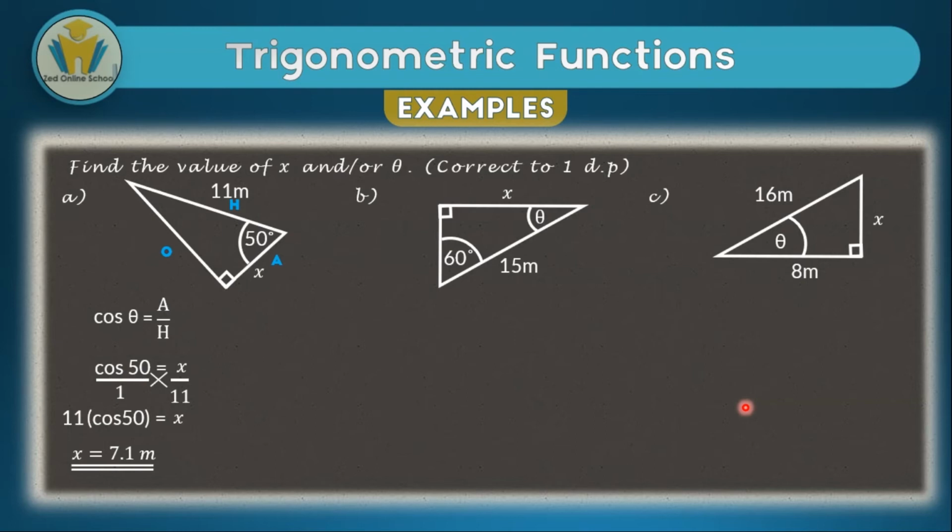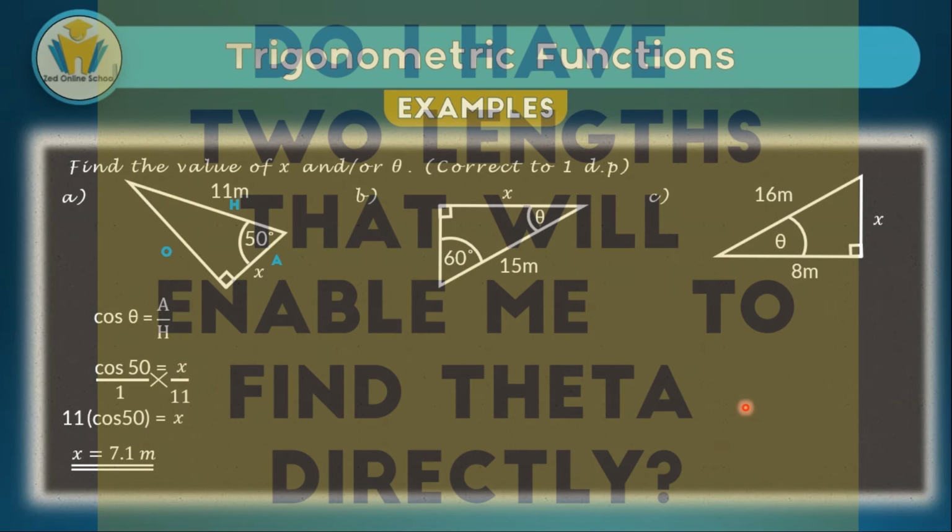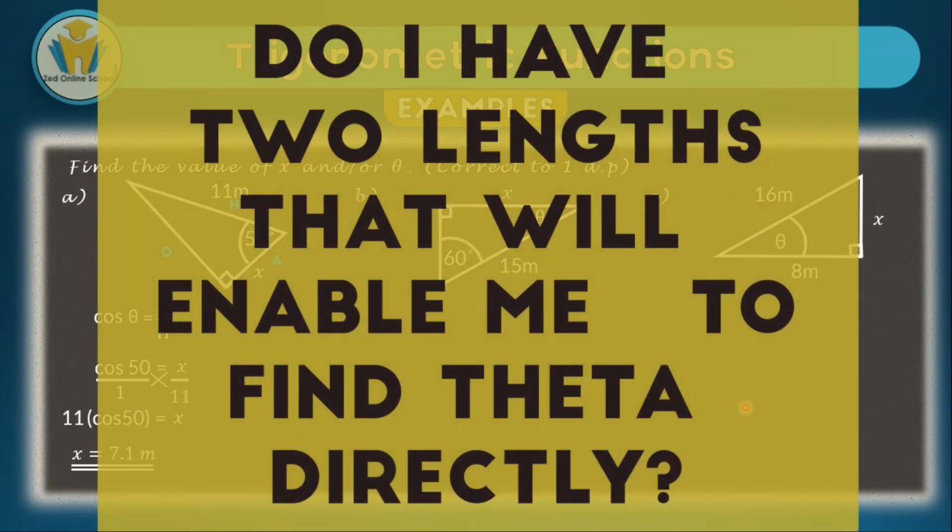In B, we've got x and theta. So some confusion maybe you've gone through is saying, what are we going to use here? Are we going to use theta or the 60? In such a question where you've been asked to find an angle and the length, the first question you should ask yourself is, do I have two lengths that will enable me to find theta directly?